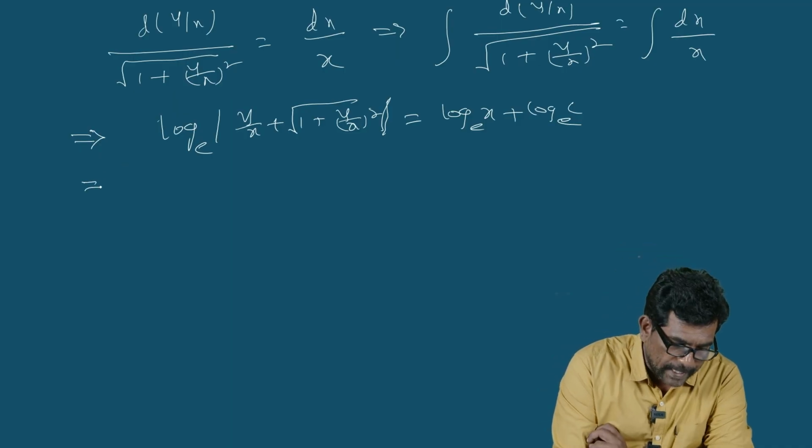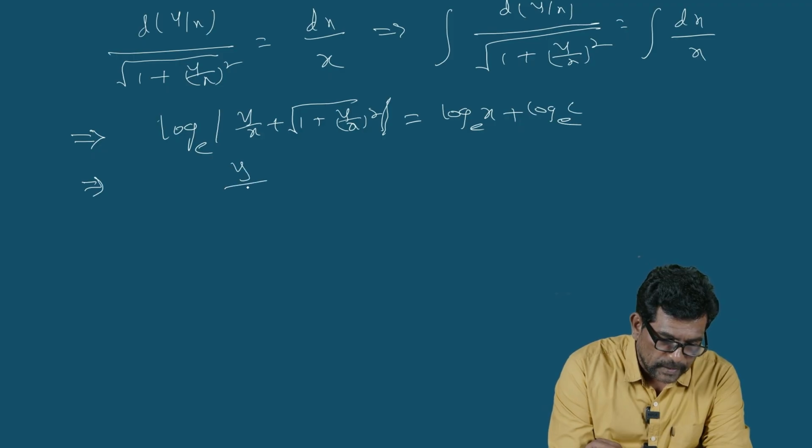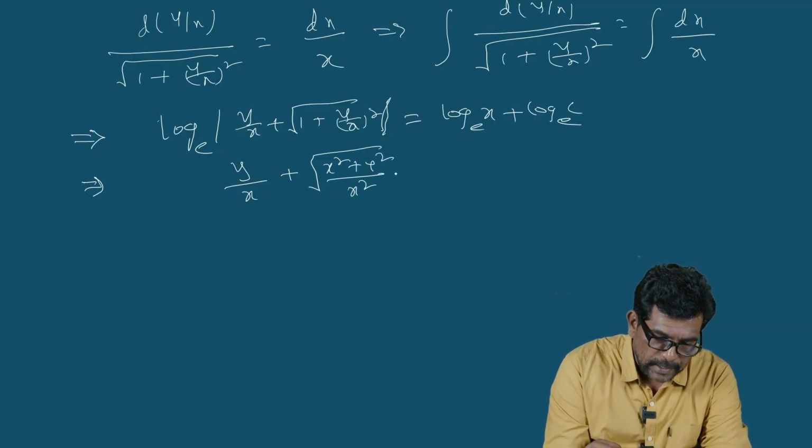Now on both sides we are cancelling the logarithms. Now we get y/x + square root of (x^2 + y^2) upon x^2 is equal to cx.